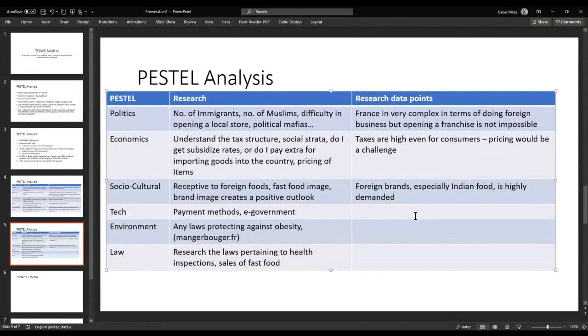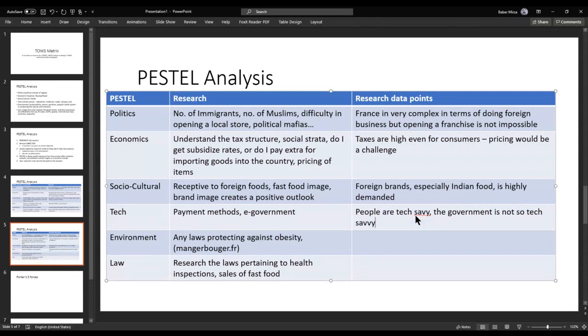Tech: people are tech savvy. The government is not so tech savvy. Meaning the government is still very bureaucratic.